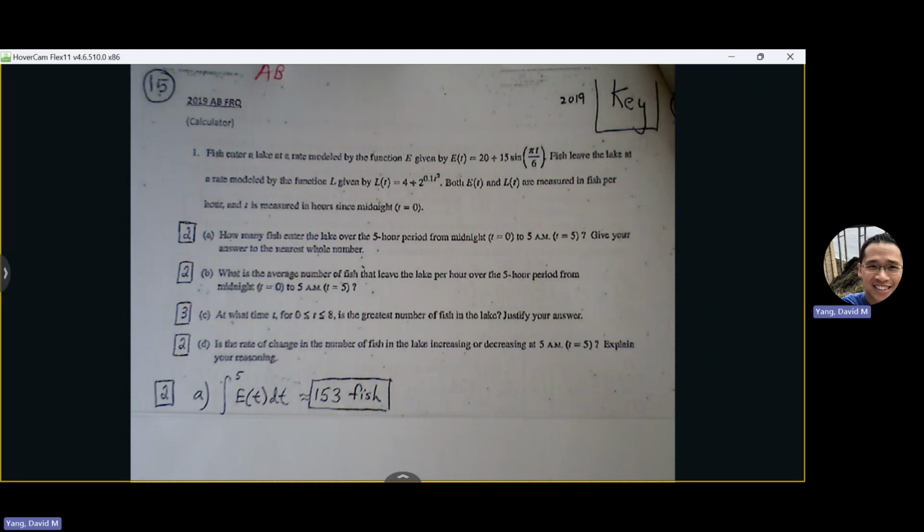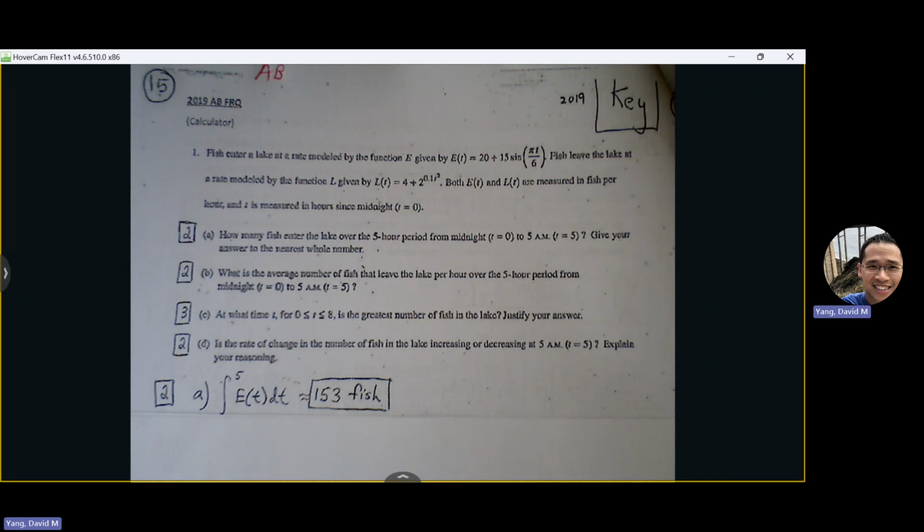Part B, what is the average number of fish that leave the lake per hour over the 5-hour period from midnight to 5 a.m.? So now we're working with L of t. We only care about the number of fish that leave the lake, so we're not going to involve E of t for part B. The difference here is that they're asking for the average number, the average rate, basically, right? So average rate.